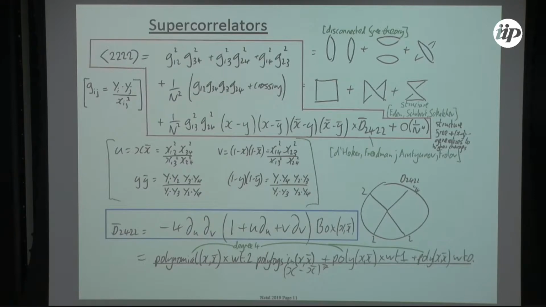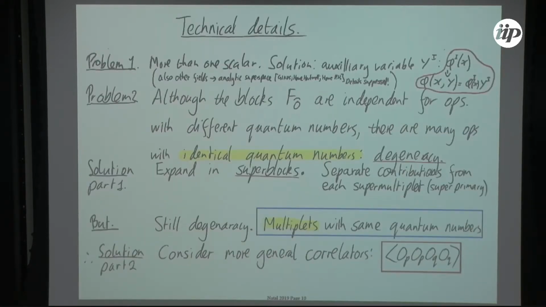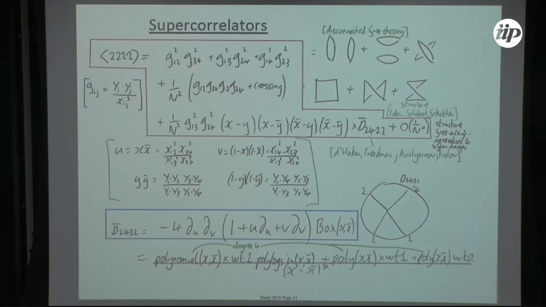So let me write down a full supercorrelator. So we've got x variables 1, 2, 3, and 4 for our 4 points, and we've got y variables for 4 points as well. And the 2, 2, 2, 2 correlation function up to order 1 over n squared looks like this. Okay, so the g's are superpropagators, so they're just yi.yj over xij squared.